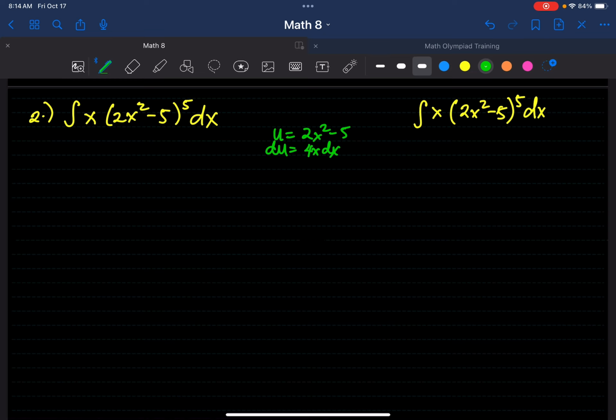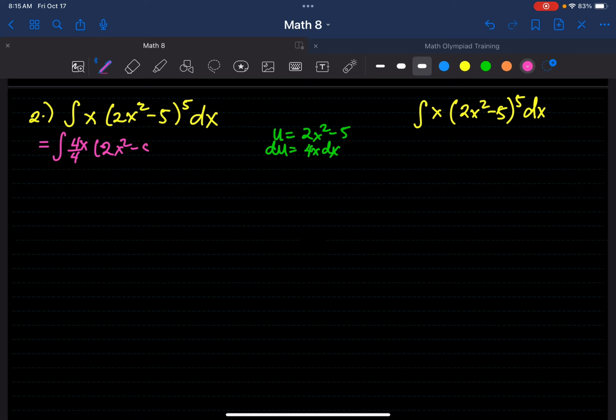So we don't have 4x dx on the function. So what are we going to do? We need to have 4 here. Because we have already x dx, we need 4. So there is 1 here, a coefficient of 1, and that one can be converted into 4 over 4 so that we have 4x.